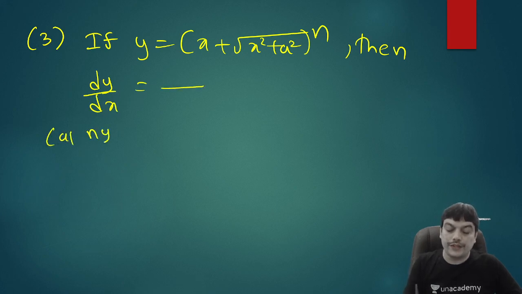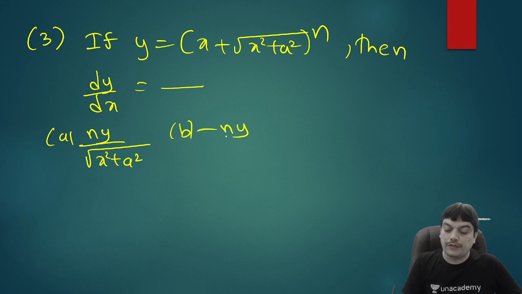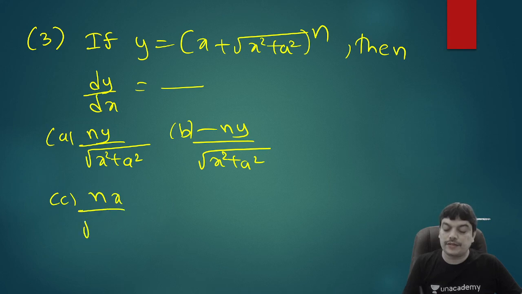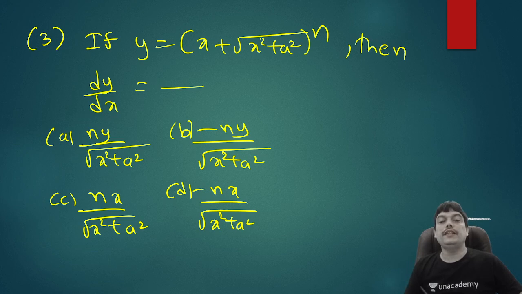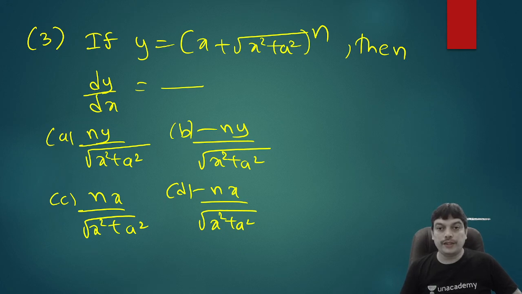Ny by root of x square plus a square, minus ny by root of x square plus a square. Let me write the third one, nx by root x square plus a square. And finally, the fourth option is minus nx by root of x square plus a square. These are the options. So given this function, how to find the derivative dy by dx? Once all of you can attempt the problem before I do it.